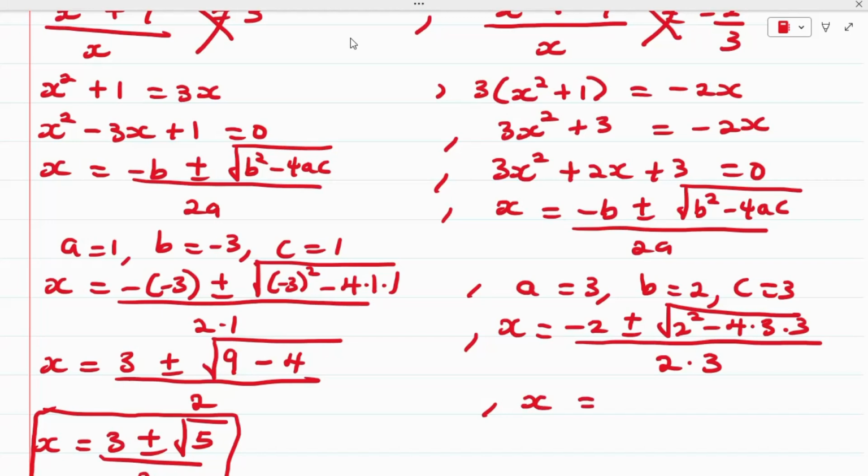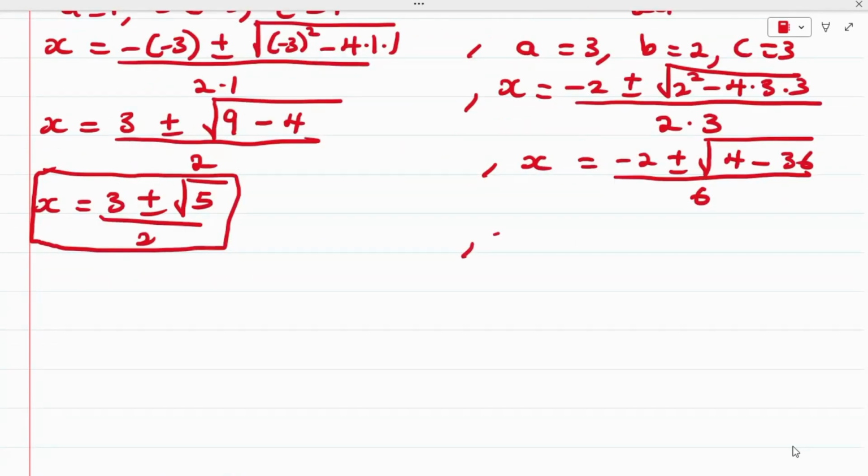So we have that x is equal to minus 2 plus or minus the square root of 2 squared is 4, minus 4 multiplied by 3 multiplied by 3 is going to give us 36, divided by 2 multiplied by 3 is 6. So we have x is equal to minus 2 plus or minus the square root of 4 minus 36 is minus 32, divided by 6.